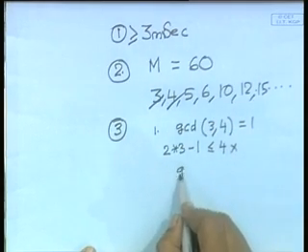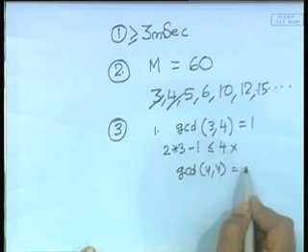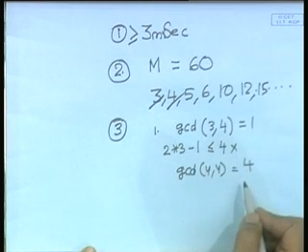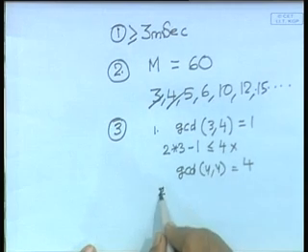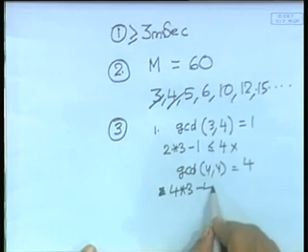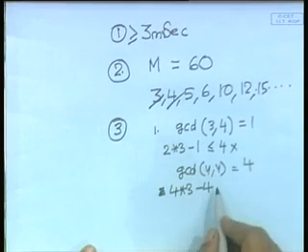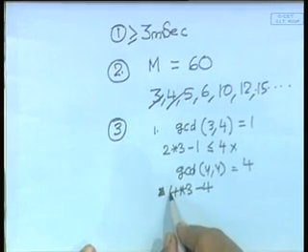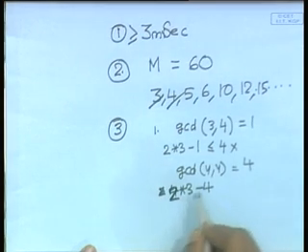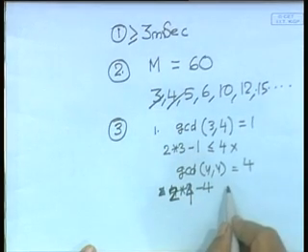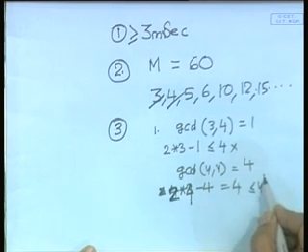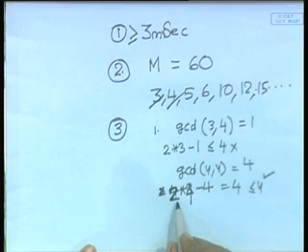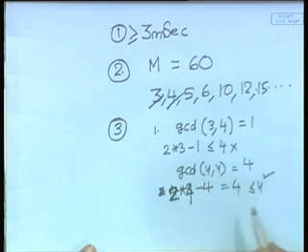For 4, the GCD of 4, 4 is 4. Now 2 into 4 minus 4 is equal to 4, which is less than or equal to 4. Satisfied.